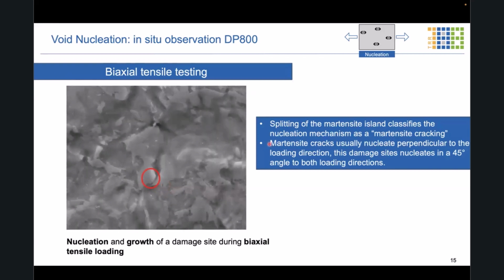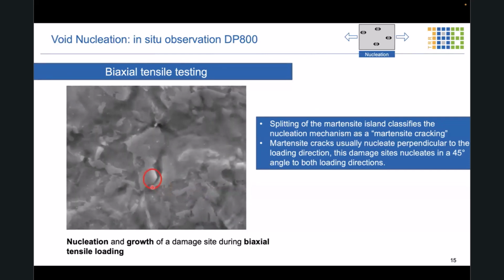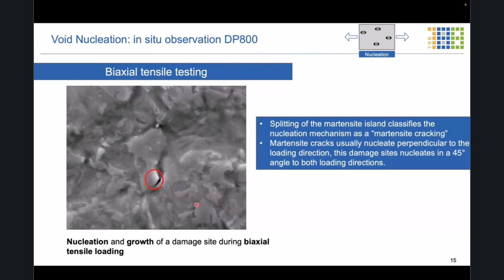But you also observe that now the nucleation event is perpendicular to the resulting highest tensile loads that are applied, which are under 45 degrees as it is indicated here, compared to the axis of this diagram.